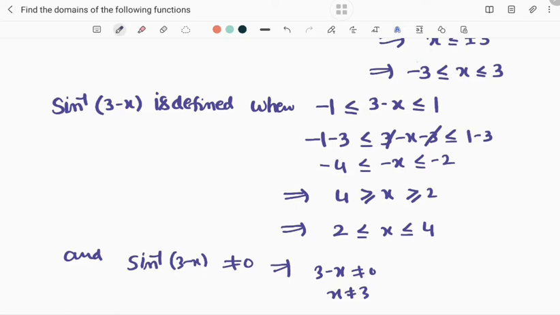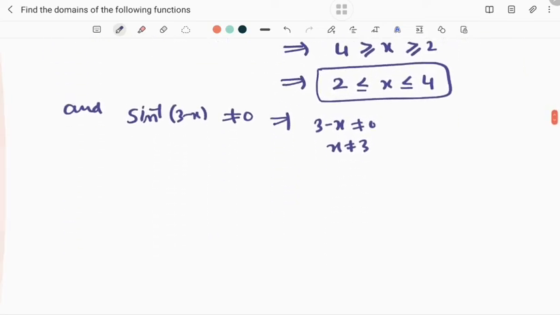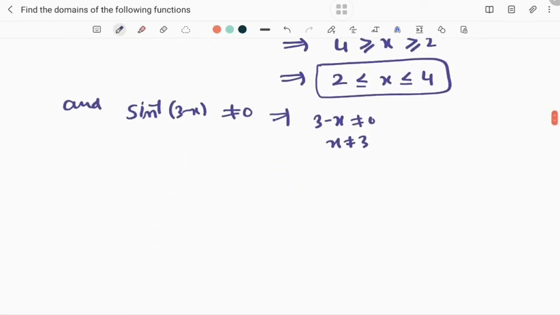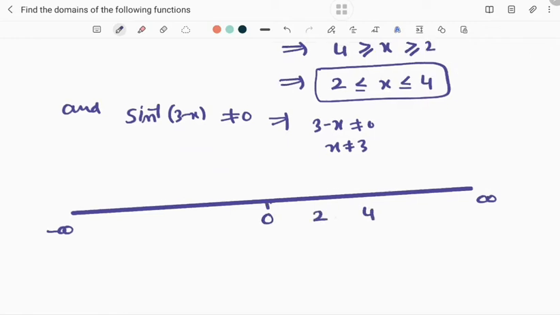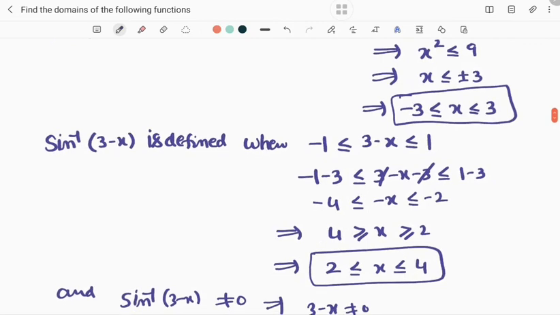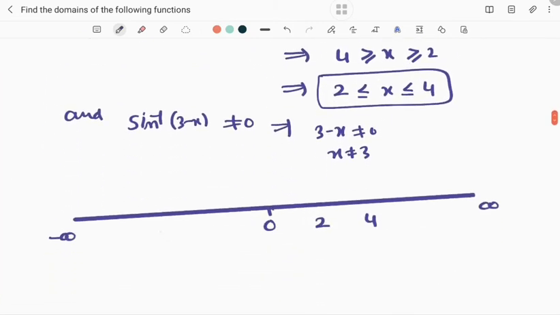Now we will observe that this is one interval, this is another interval. For the two functions, f(x) by g(x) means the intersection, you can take the intersection. So this is the real number line, from minus infinity to infinity, here it is 0, 2, 4, and -3 and +3 will be here.